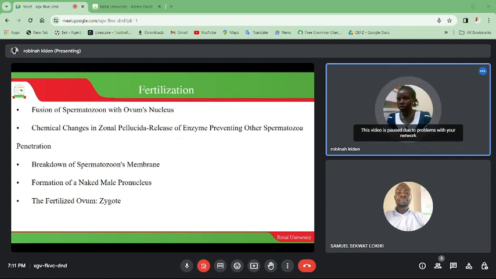This is an enzyme released by the egg to seal the egg off from the other spermatozoa that are swimming towards it. So once the first sperm touches the egg, the zona pellucida is released, and all the other sperms are shielded off from the egg.